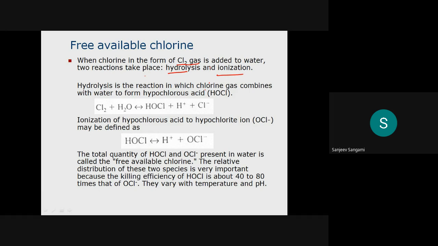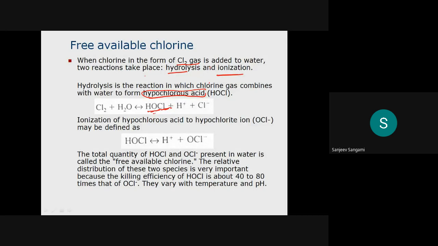Hydrolysis is the reaction in which chlorine gas combines with water to form hypochlorous acid. This you have to remember. One is hydrolysis and the other is ionization. So hydrolysis means the formation of hypochlorous acid, HOCl.